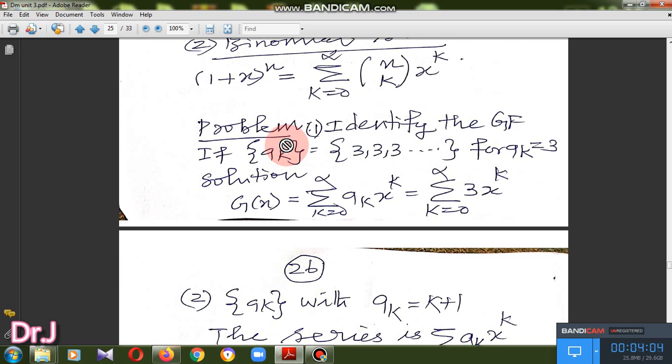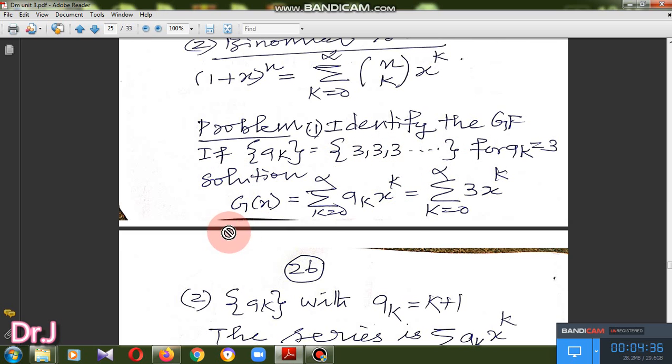What I told just before: multiply the first number by x power 0, multiply the second number by x power 1, multiply the third number by x power 2, and add all of them, and that is a function of x. That function is called the generating function of the sequence.